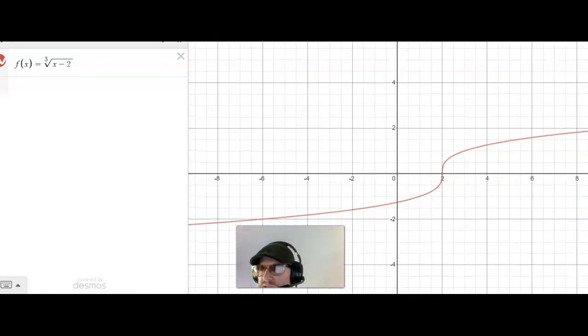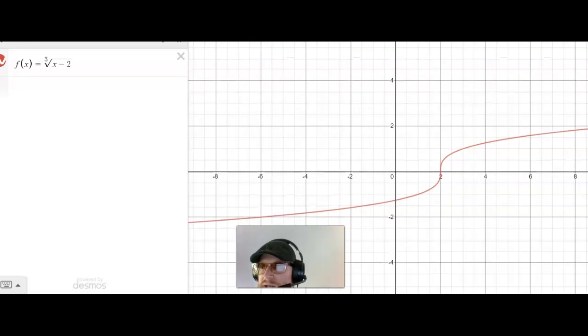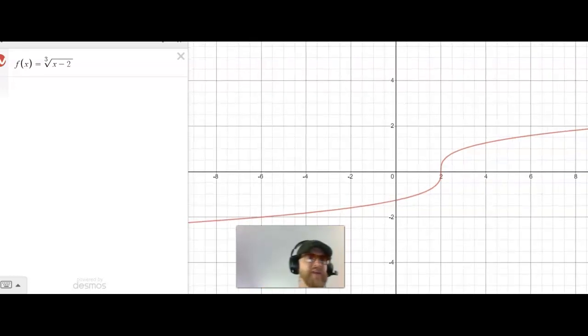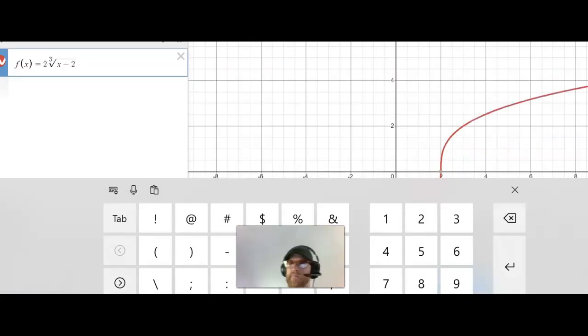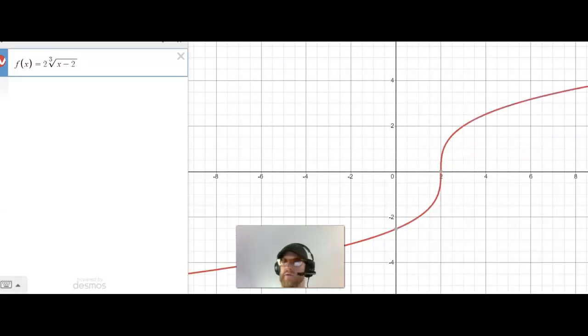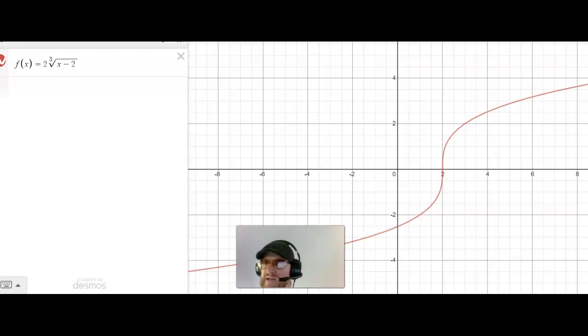Let's find where it's 2. 10 goes to 2. That's 2 spaces away, right? I'm going to see what happens when I put that 2 in front. Now 10 goes up to 4. So by multiplying by 2 on the outside, all of the points get pulled farther away from the x-axis.